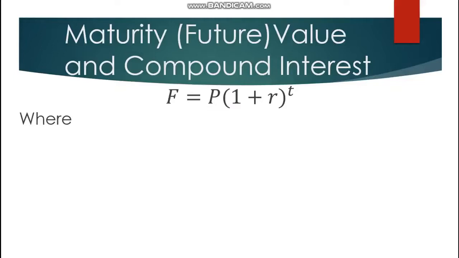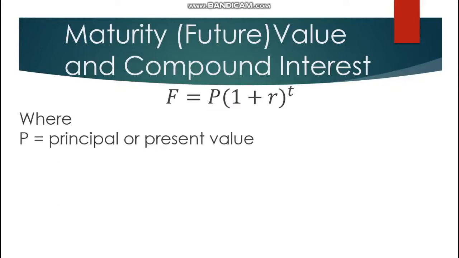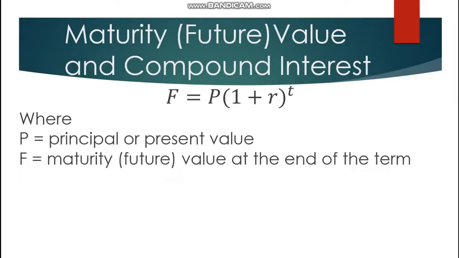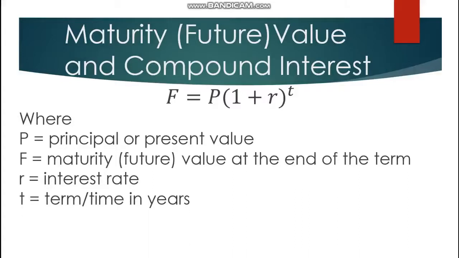Where yung ating P yung present value, F yung maturity value, yung sinosolve natin, yung maturity value at the end of the term, R yung rate of interest or interest rate, at yung T yung term, time in years.